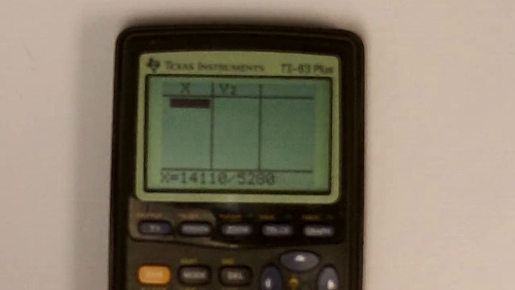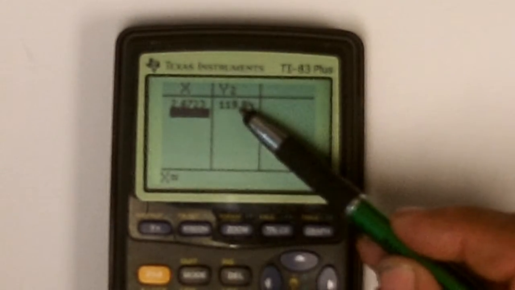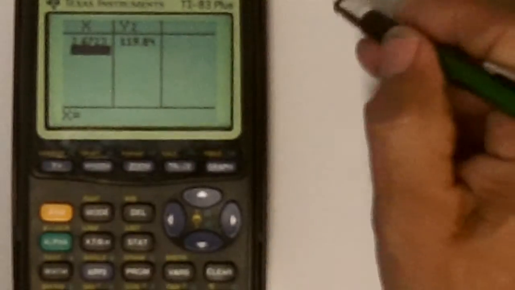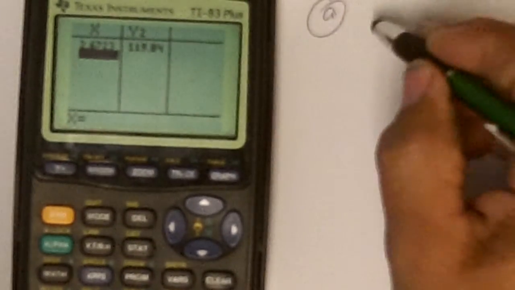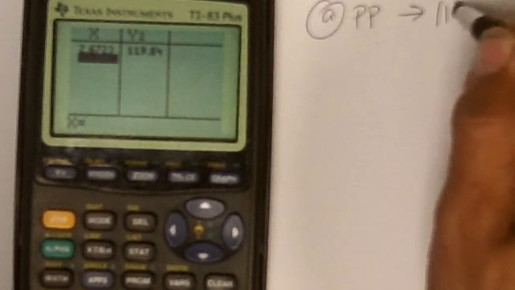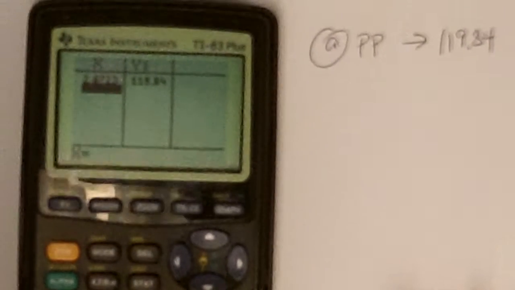This would be miles, and if I put that in there, it says it's 2.6 miles, and at Pikes Peak, the person would weigh 119.84. Not much lighter, but a little bit lighter.